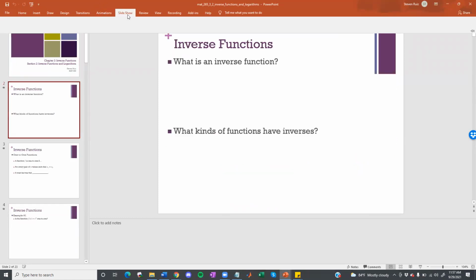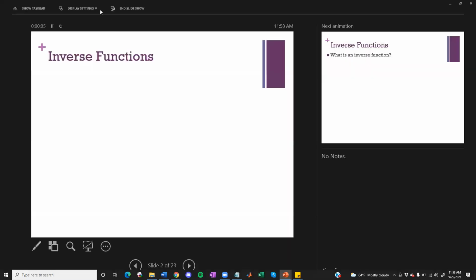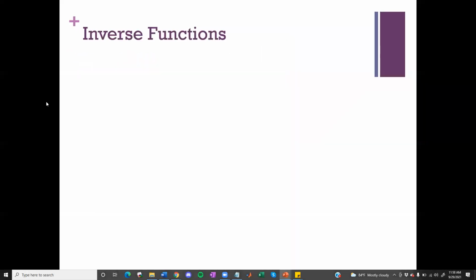So inverse functions. What is an inverse function? So it undoes.